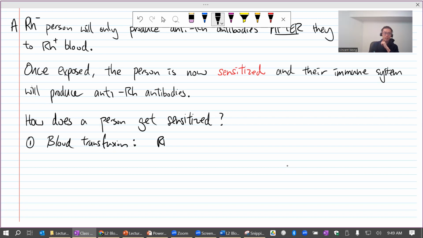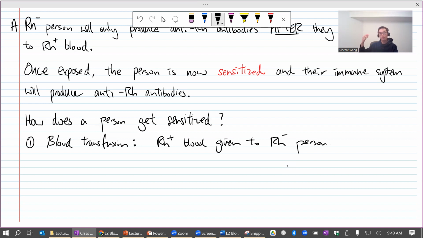Okay, RH positive blood given to an RH negative person. Sometimes that's done by mistake. Sometimes it's done deliberately because they have no choice. Okay, maybe in some remote area, the hospital doesn't have any negative blood available. The person really needs blood right now.